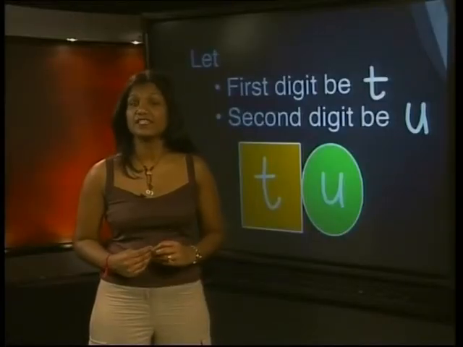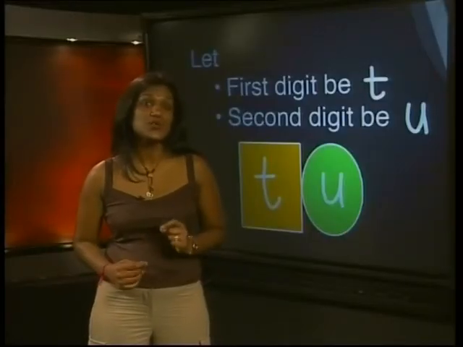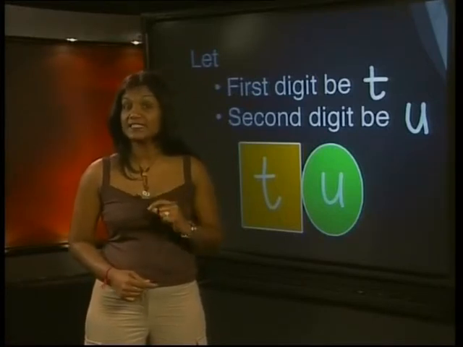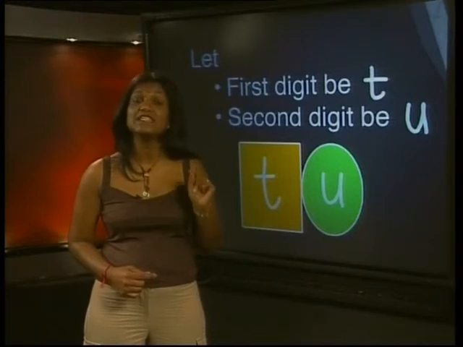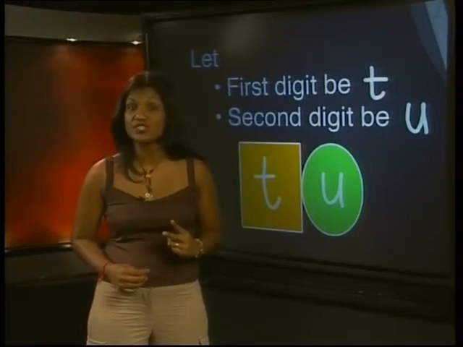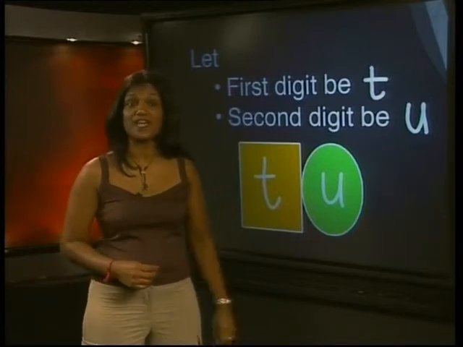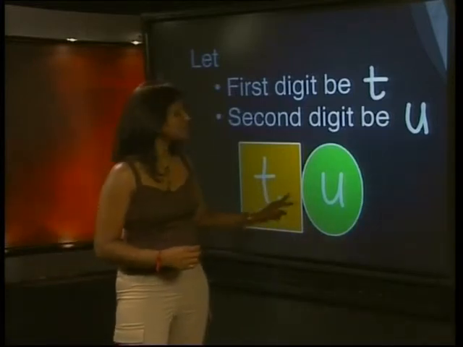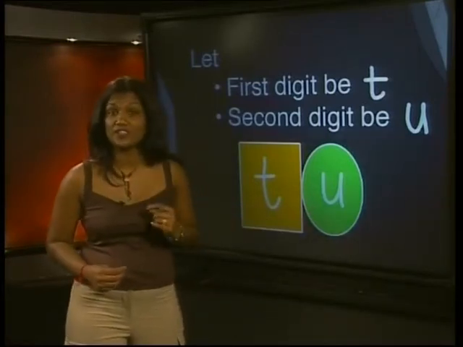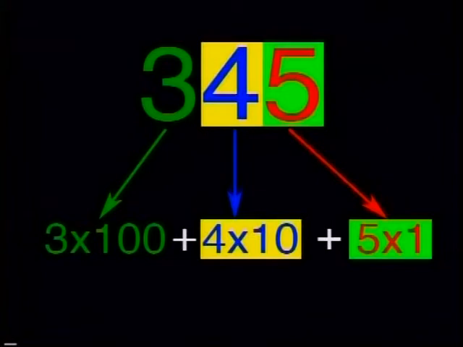Let's try to set up a second equation. What else do we know about this number TU? Be careful. In this case, TU does not mean T times U. It is representing one number with 2 digits. This rectangle represents the tens, and this oval represents the units. Now, what is the actual value of this number in terms of T and U?